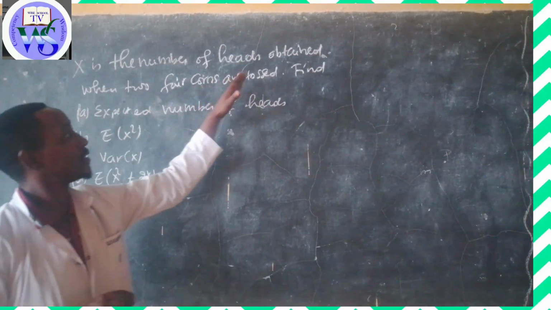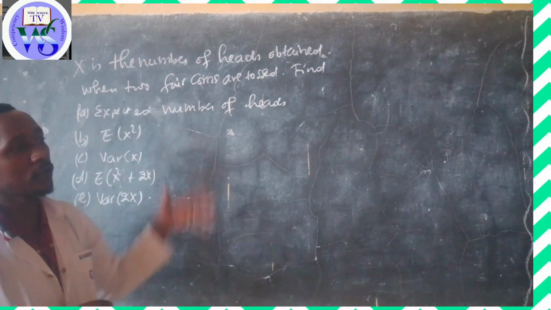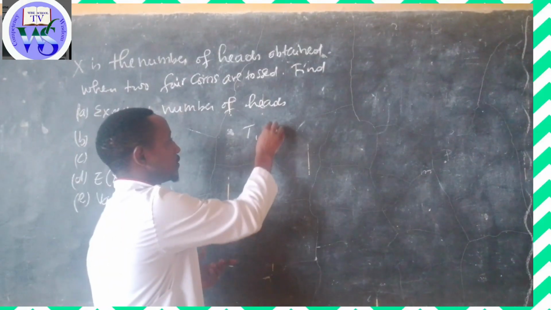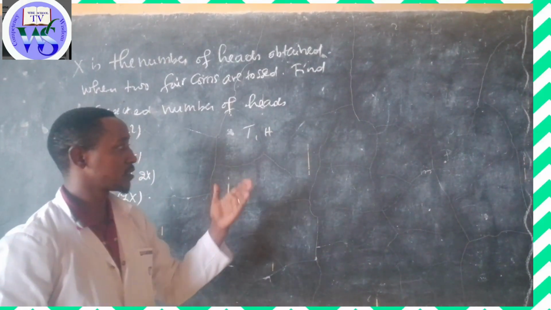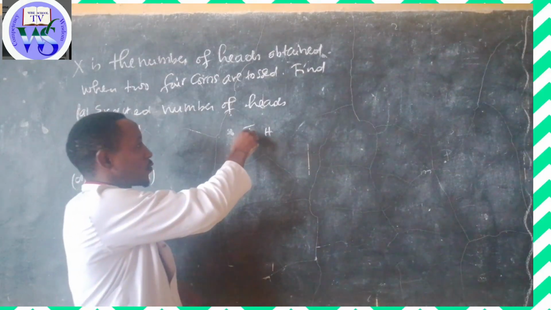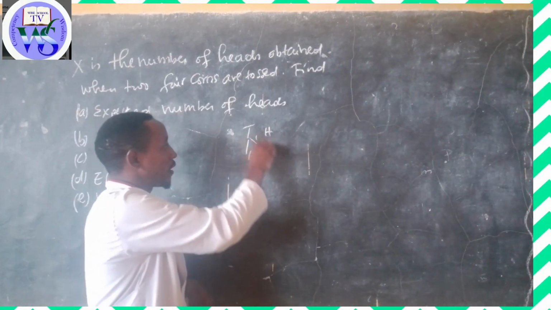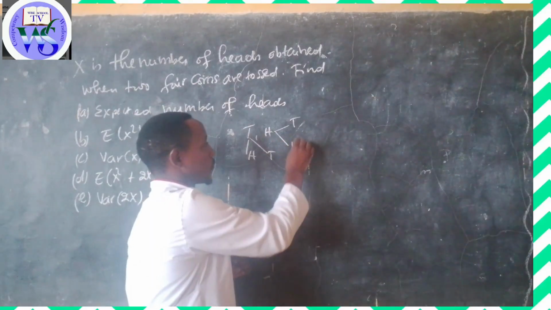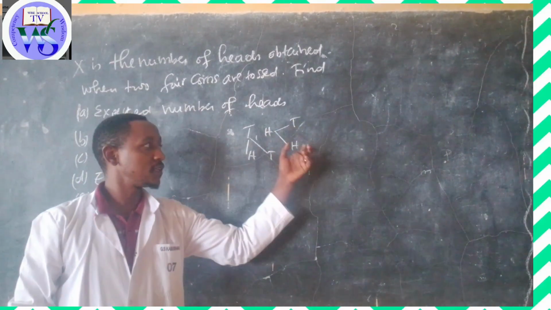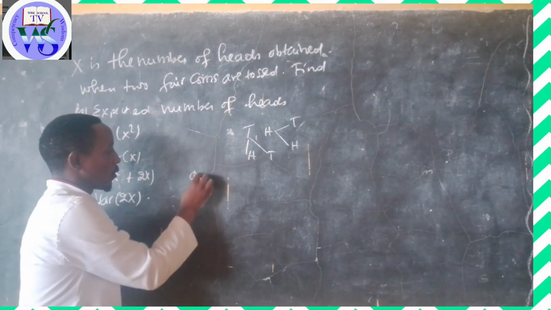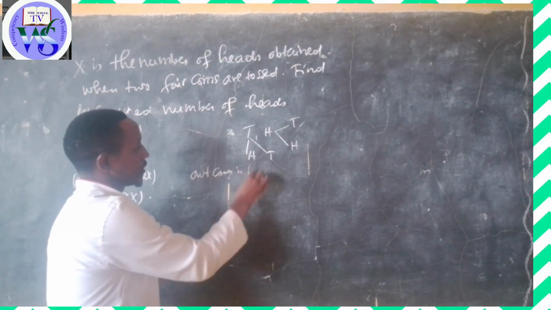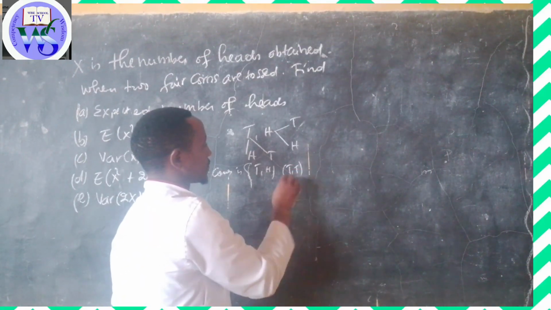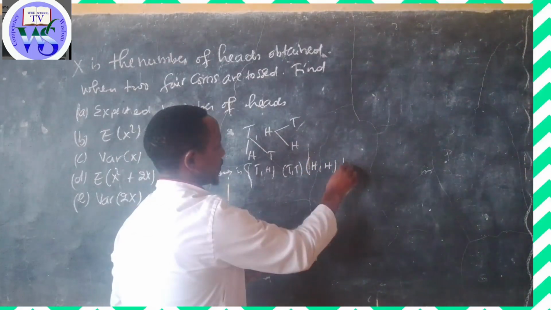When a pair of coins is tossed together, we can get tail and head for the first and second, or tail and tail, or head and head, or head and tail.